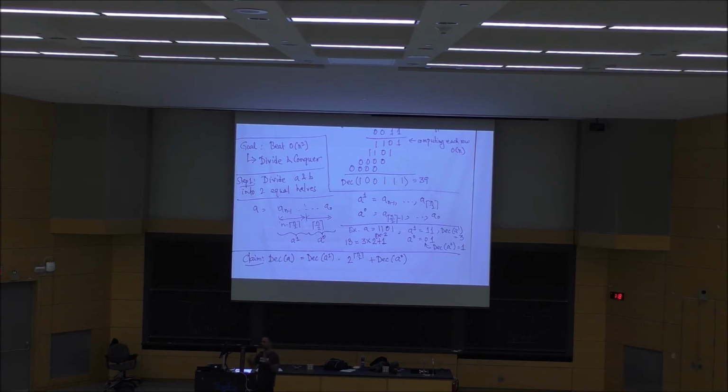So I'm going to reduce a problem of multiplication over n bits to a few problems of multiplication of n over 2 bits. But before I go any further, I want to make sure all of you are comfortable with the notation so far. So talk to your friends for half a minute, let me know any questions. If not, we'll move on.